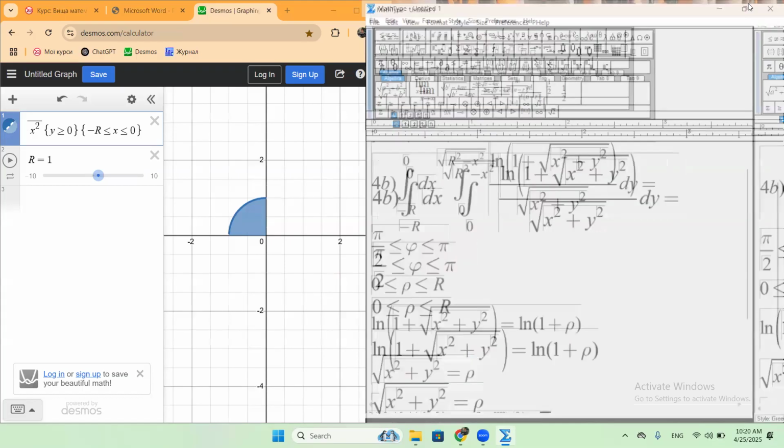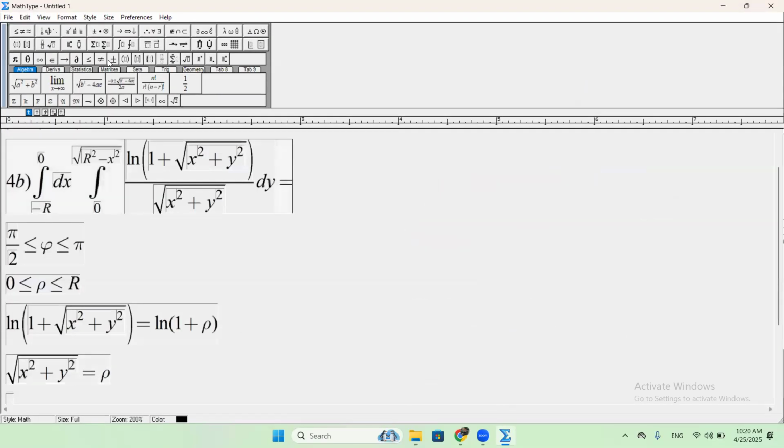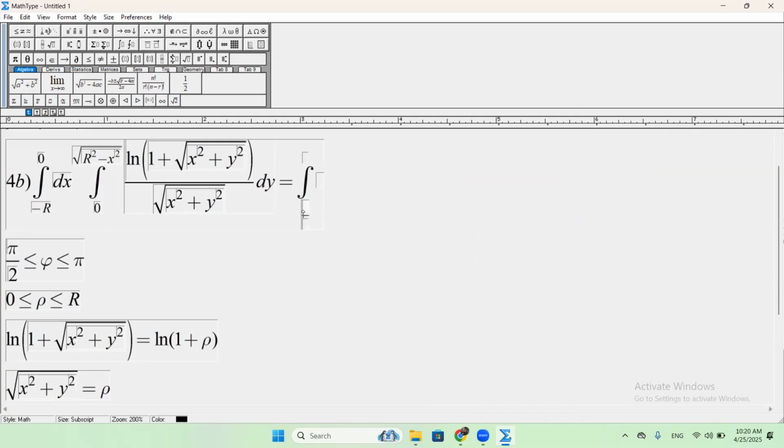So let's move to the integral with the new limits. So from p over 2 to p d phi, and rho from 0 to r.